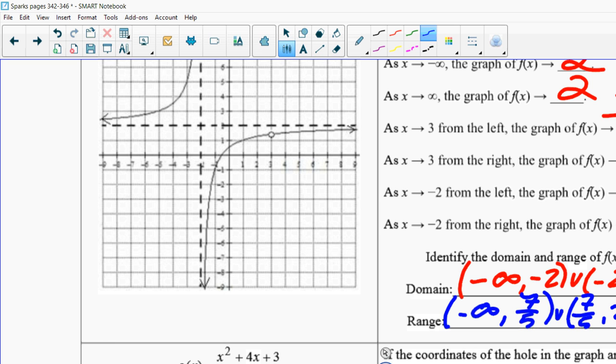Negative infinity to 7/5, 7/5 to 2, and 2 to infinity. What got left out? The y value of the hole and the horizontal asymptote. Does the y value of the hole always get left out?